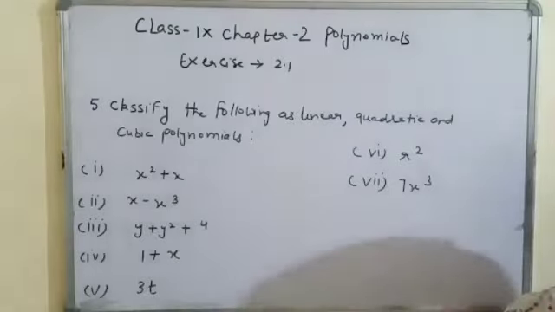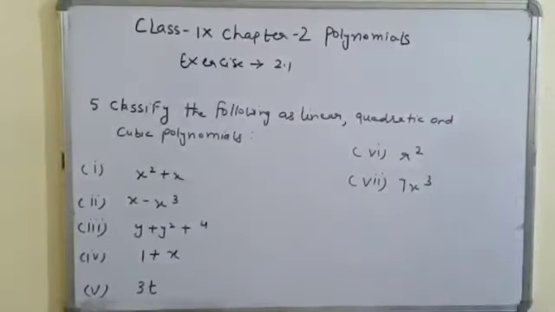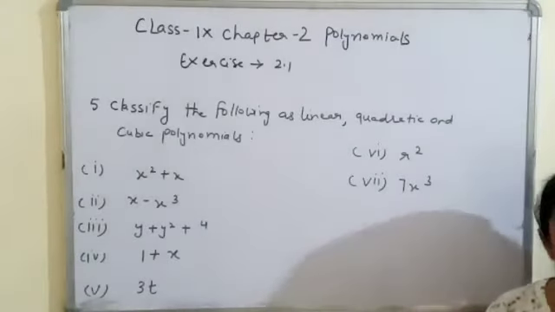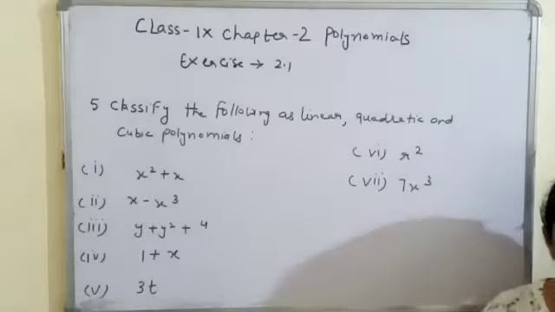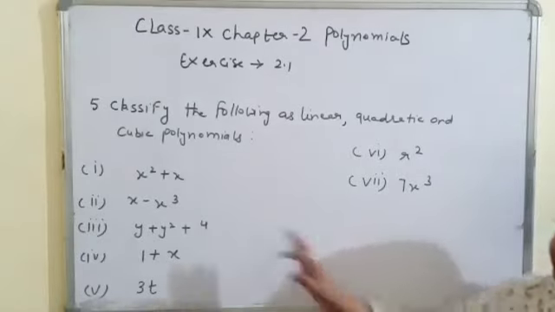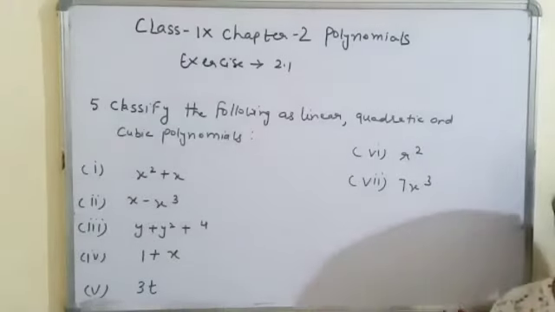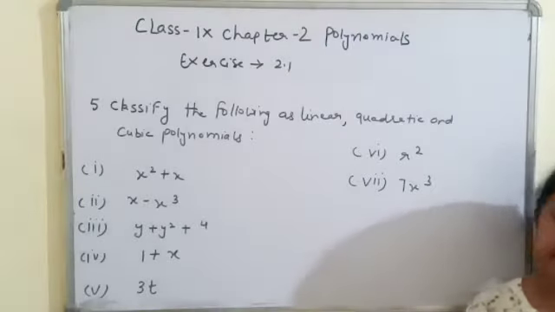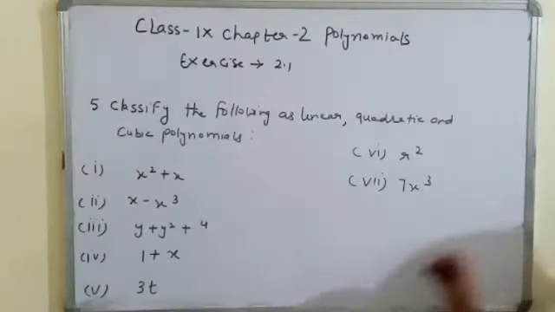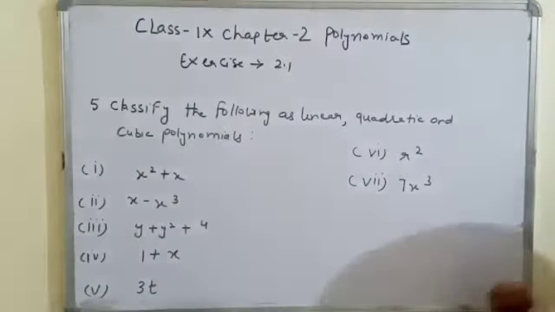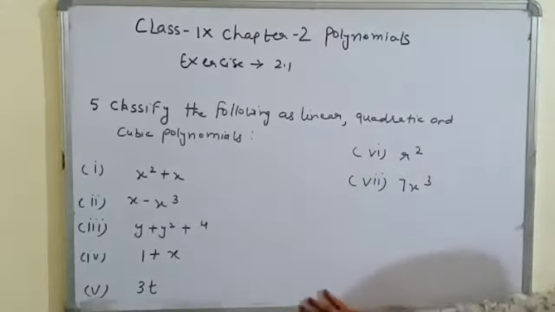Again I am repeating: a polynomial of degree 1 is called a linear polynomial. A polynomial having degree 2 is called a quadratic polynomial, and a polynomial having degree 3 is called a cubic polynomial. If a polynomial has degree 4, it is called biquadratic. If a polynomial has degree more than 4, then they are all called polynomials.